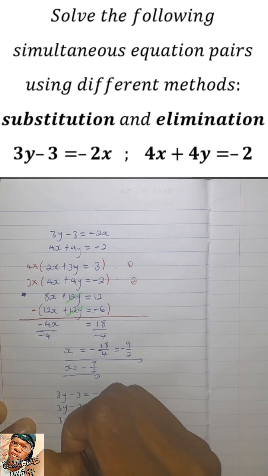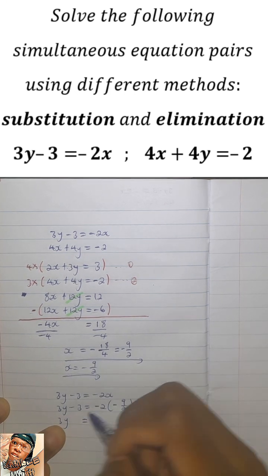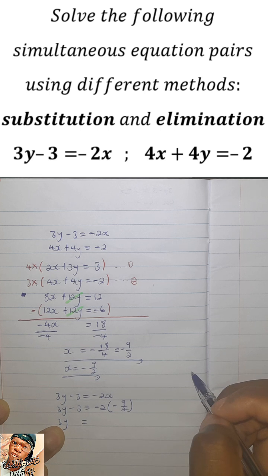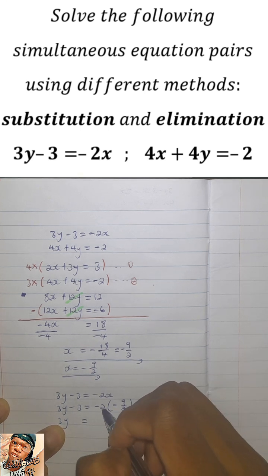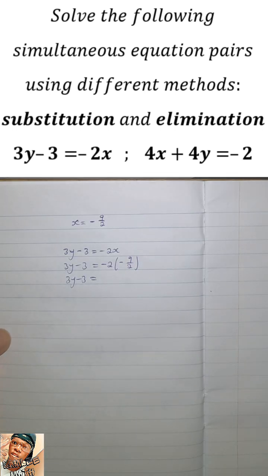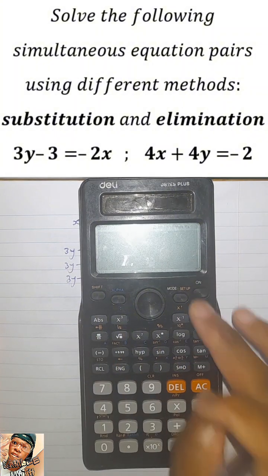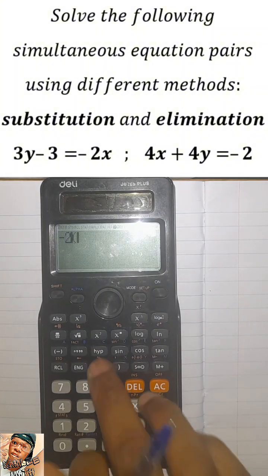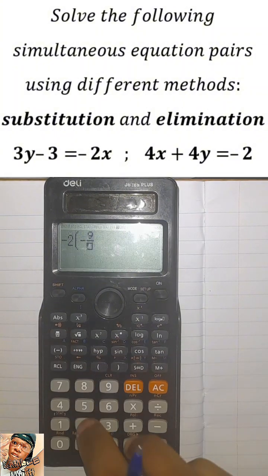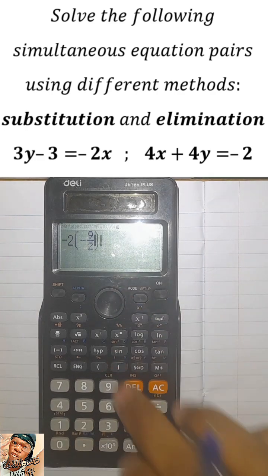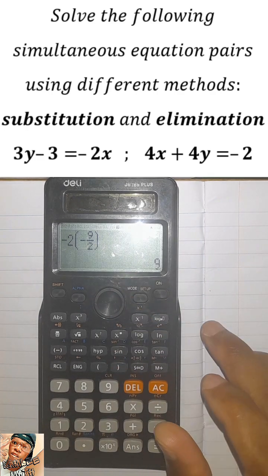So 3y is equal to, let me take -3 to the right hand side to make it positive. So now we have -2 multiplied by -9 over 2. Press the calculator. I don't know if you can see that. Okay, yeah, we can. So we have +9.